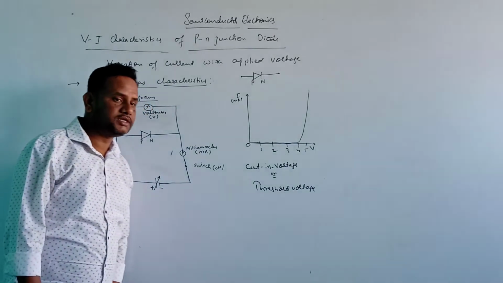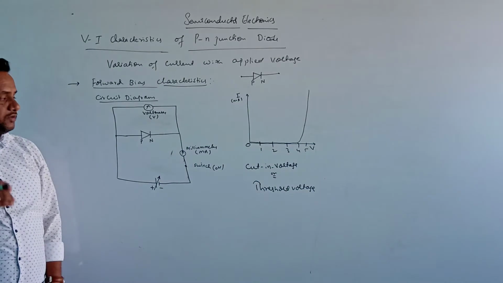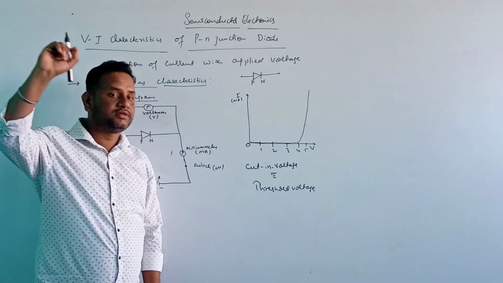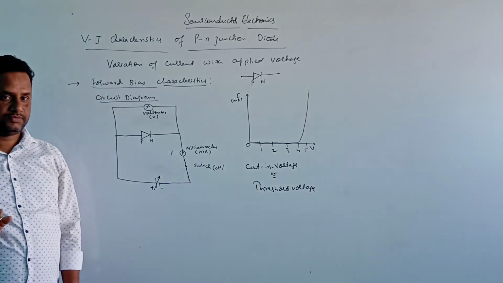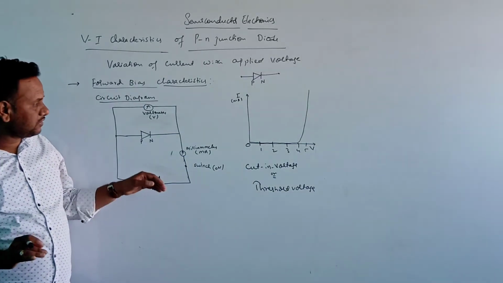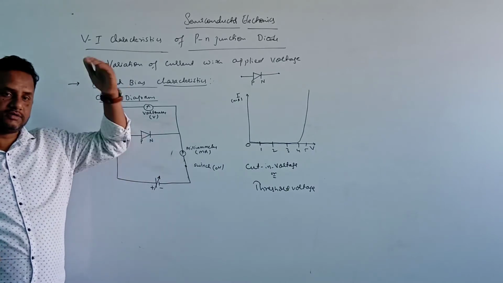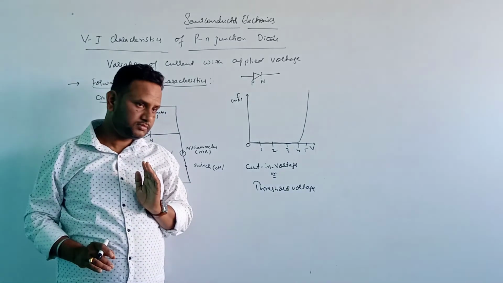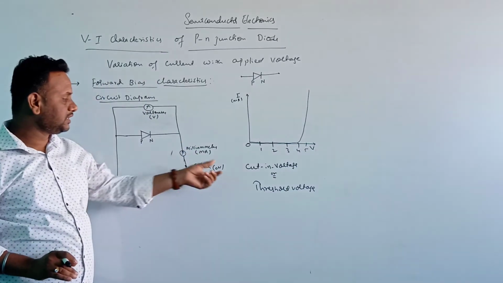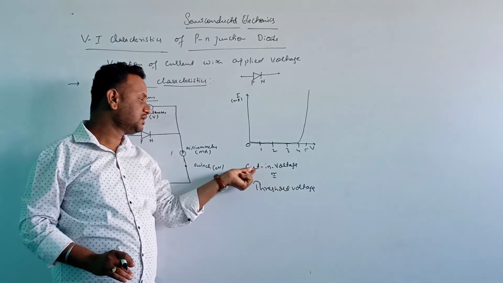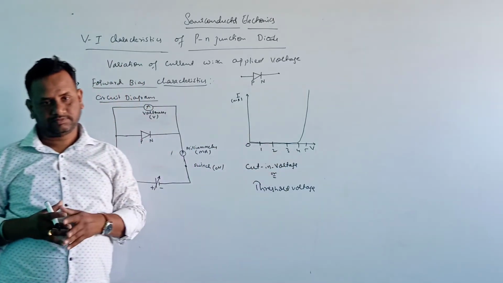It is that voltage at which the current starts to increase exponentially. Now if I go on increasing the voltage, the current goes on increasing. So that voltage is called the threshold voltage, or the cut-in voltage.